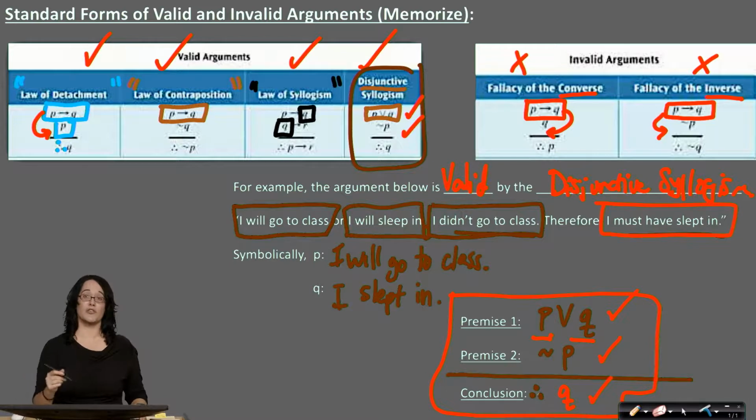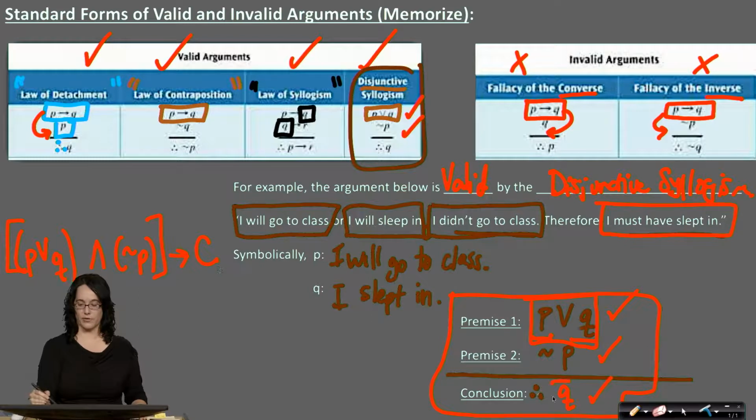If you want to try this one as a truth table just for practice, because sometimes they don't fit nicely into one of these 6 forms, you would have had to do premise 1, which in this case is P or Q, and premise 2, which in this case is negation of P, and that whole thing, once you put it together, is your antecedent, and your conclusion is your consequent.